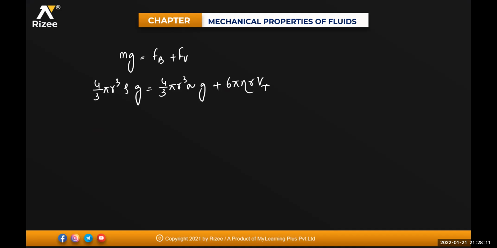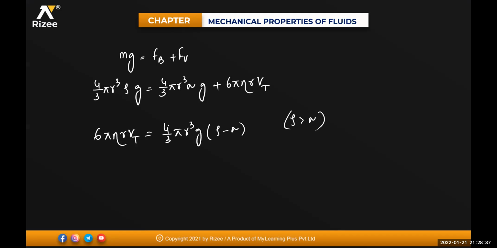Now if I simplify this relation, all the sigma terms and radius terms I'll take on one side. So the viscous force, 6 pi eta r into terminal velocity, will be equal to 4 by 3 pi r cube, g is also common, and this will be rho minus sigma, because rho is greater than the density of the liquid. Is that clear?